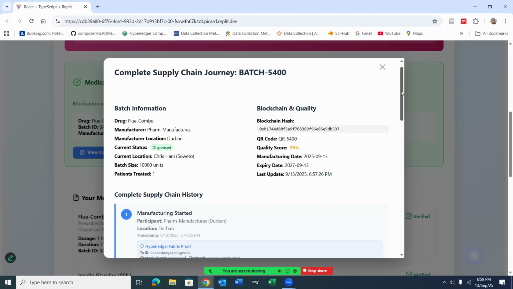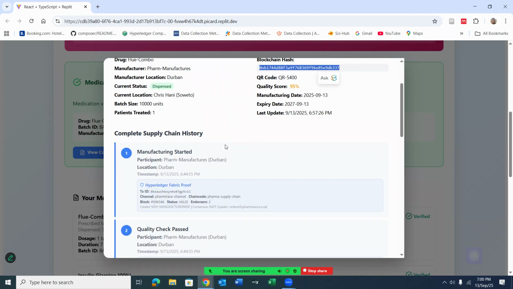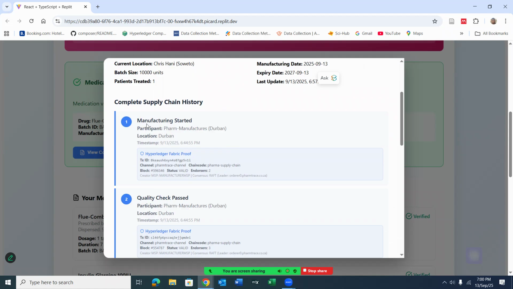Now it will show the entire process. Remember, the BlockHash will be the original BlockHash that was generated during the manufacturing, or when the manufacturer captured the information for the first time. So SIPO can also see the same information, meaning that this is an authentic drug that he has received.